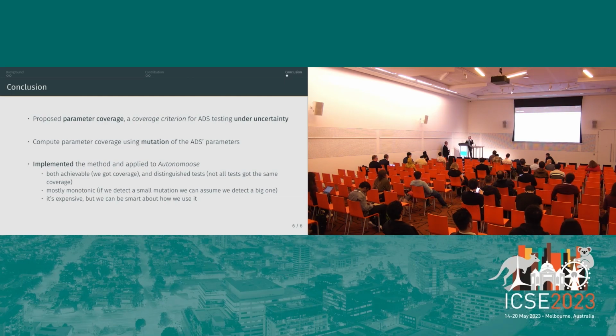So I can prioritize the way I look at my mutants to make things faster. If I detect the small mutant, I don't have to bother to run my test against the big mutant, because I've already detected the small one. So you can do those kinds of tricks to reduce the number of test runs you have to do to get your coverage. Thank you very much.